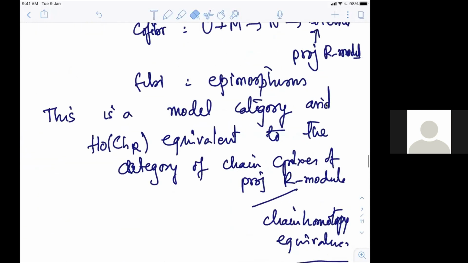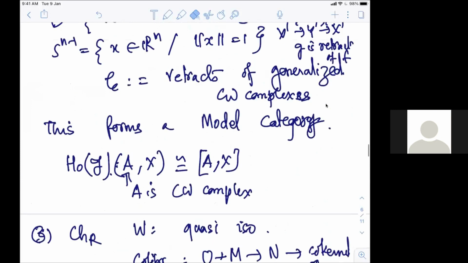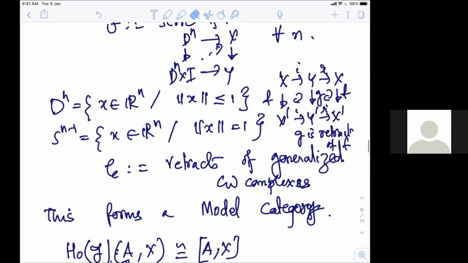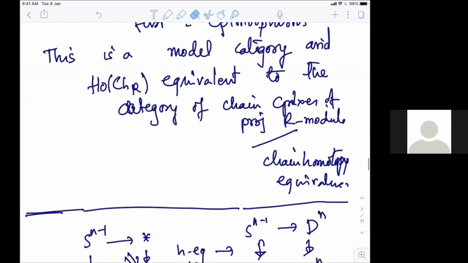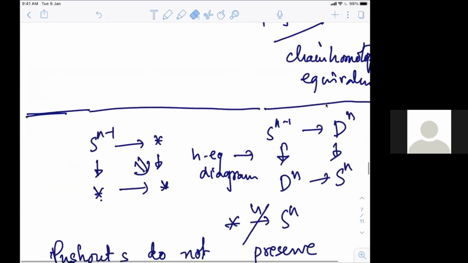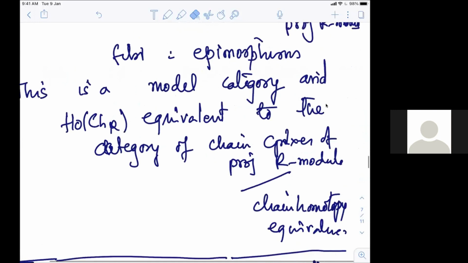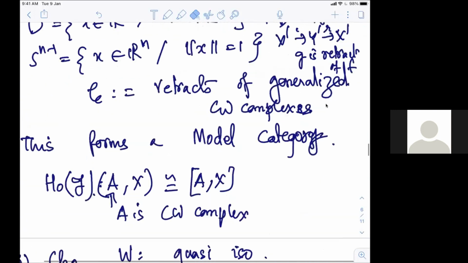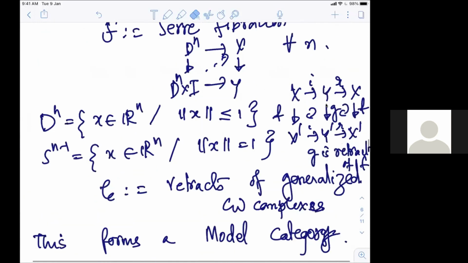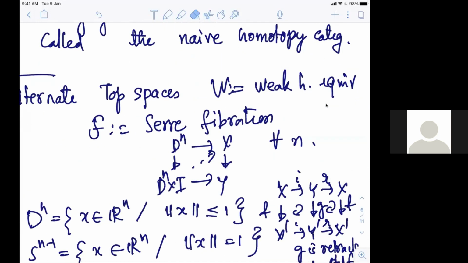When you said what is Ho of M, you said that whenever your weak equivalences go to an isomorphism, there is a unique functor from Ho of M to that category. So that means Ho of M is the universal construction via the method of fractions.